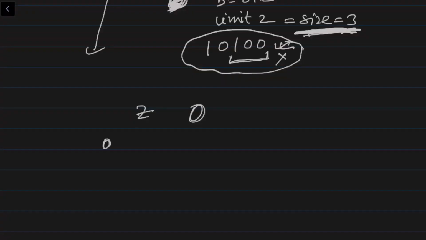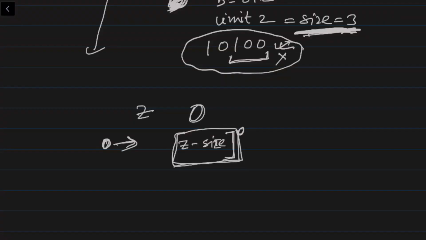Whenever I am ending the binary string with zero, if I have already put z minus size of zeros, and after that, let's say at one index, let's take an index x. X is nothing but o plus z minus size.